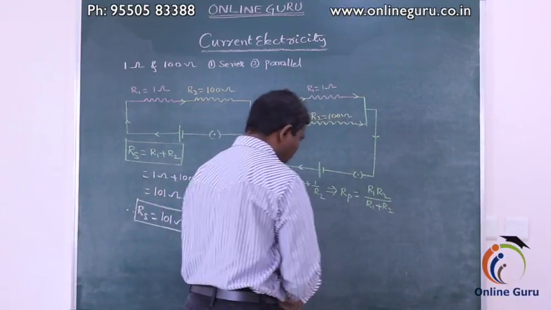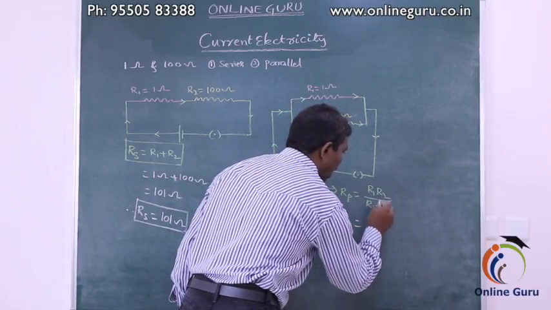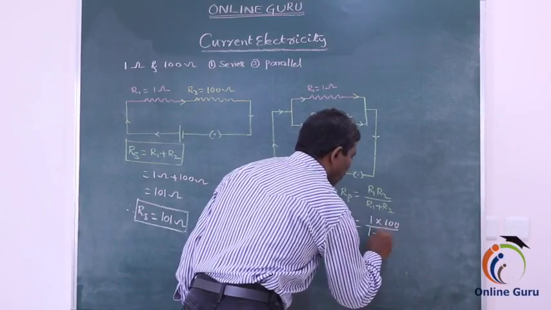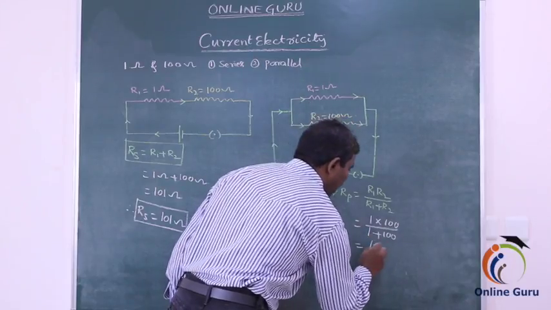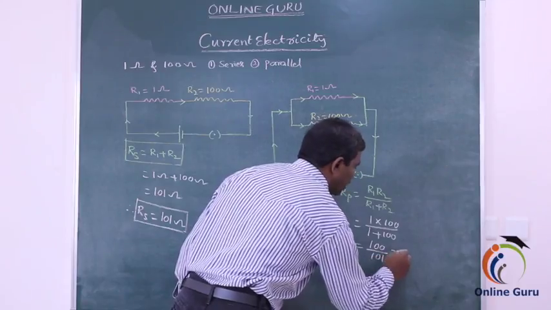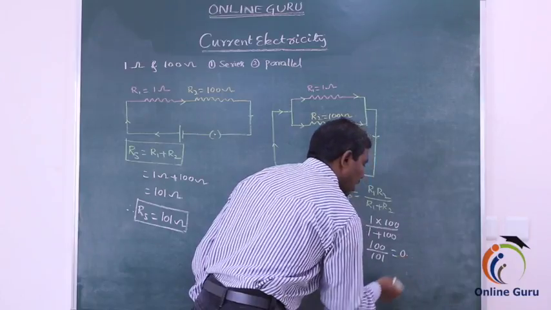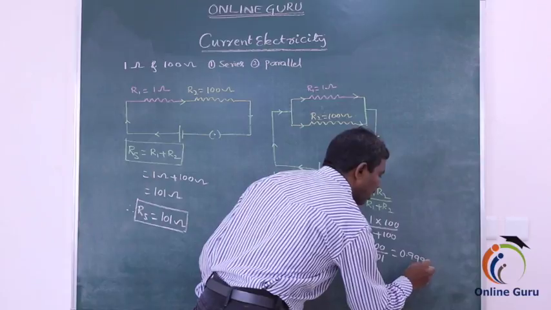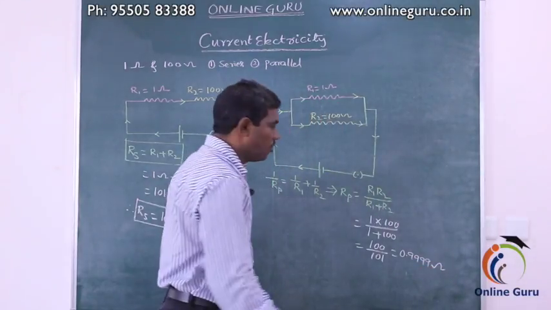Substituting the values, R1 is 1 into R2 is 100 divided by 1 plus 100, which is 100/101, a recurring decimal, that is equal to 0.9999 and so on, a continuous 0.99 ohms.